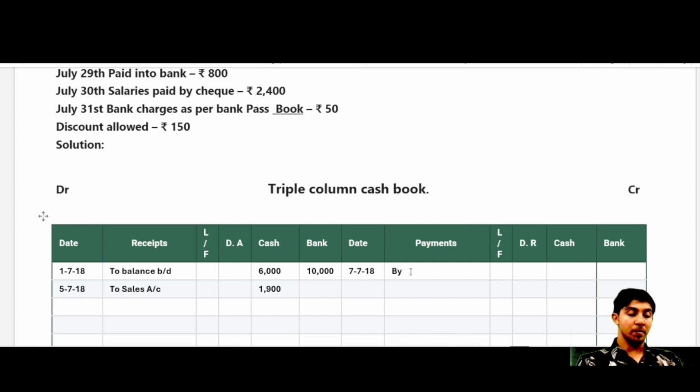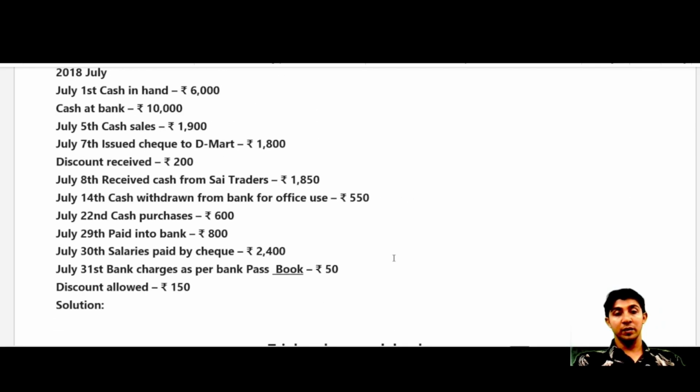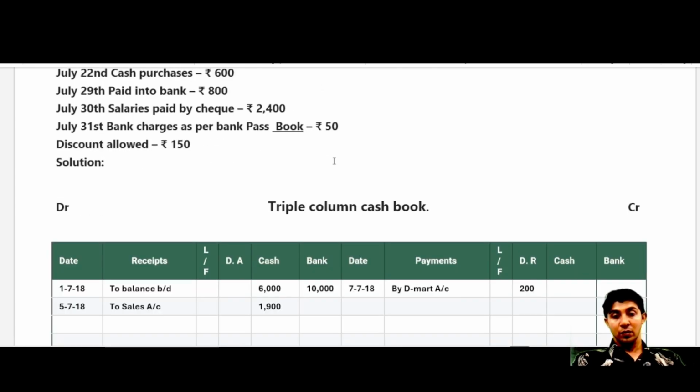So by DMart, DMart A/C account. डिस्काउंट कितना मिला आपको इस पे, 200 मिला, और the amount of check is 1,800. 1,800 is the amount.